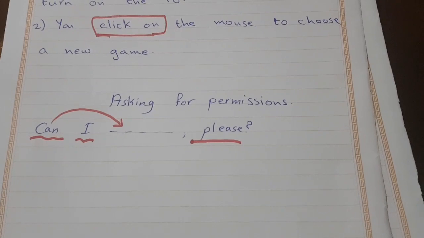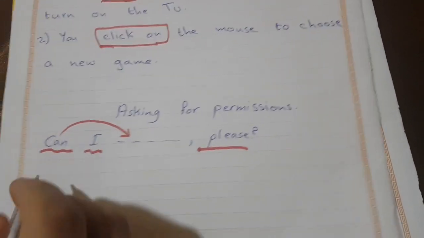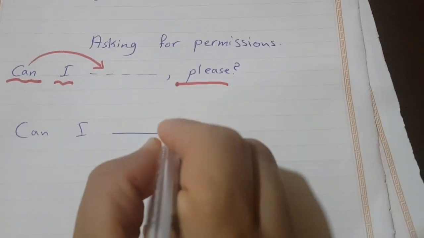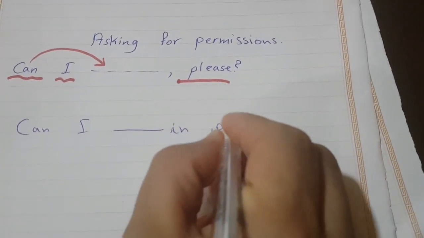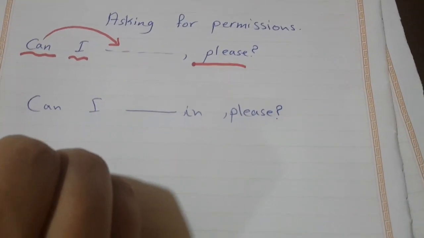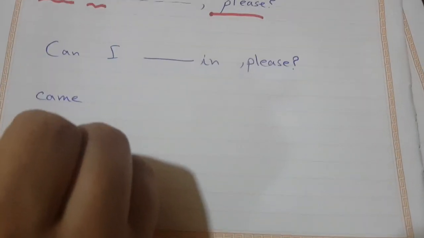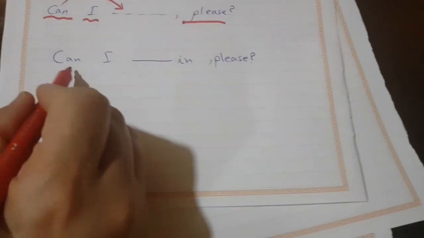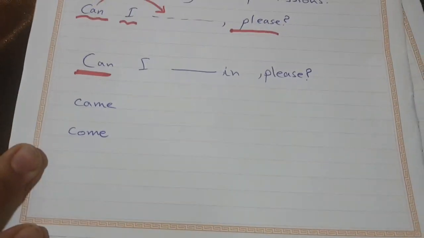Now, I'm going to give you an example. Can I, space, in, please? I have two answers, came or come. Now you have to read the question. Can I, in, please? What do I have here? Can.